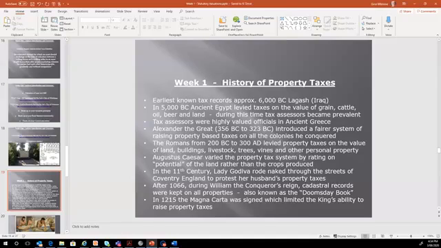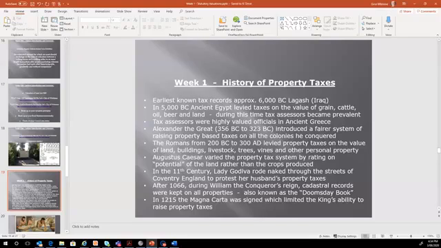In 200 BC to 300 AD, the Romans levied property taxes on the value of lands, buildings, livestock, trees, vines and other personal property. So now you can see the system of taxing expands, not just to property and livestock and crops, but starts to expand to personal property, what people personally own.